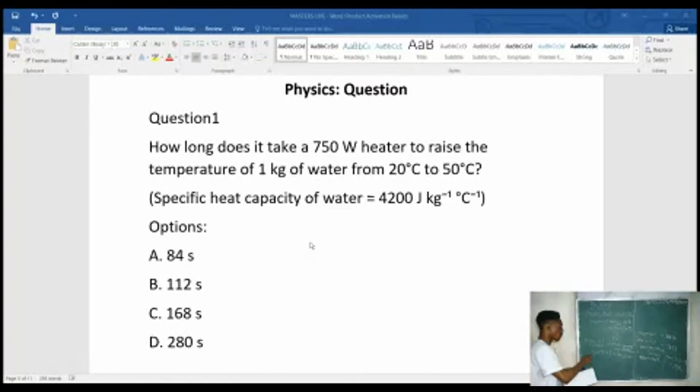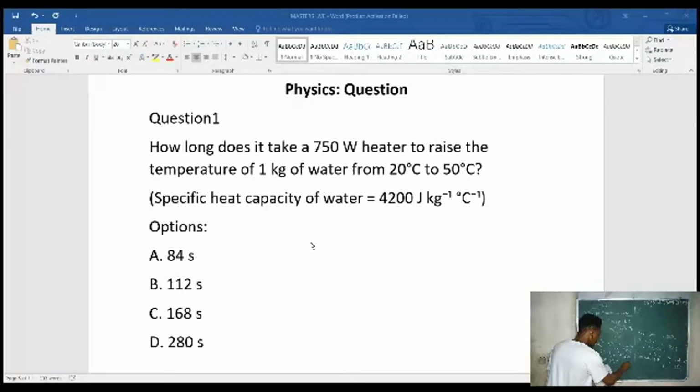The power is given as 750 watts times the time. How long is what you're asked to find. MC delta theta: the mass of water is 1 kg times specific heat capacity of water, which is 4,200, times delta theta from 20 to 50.